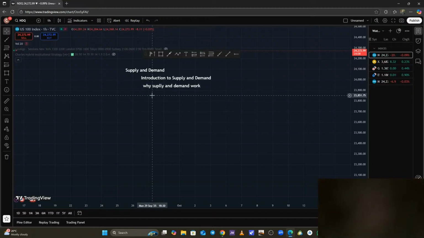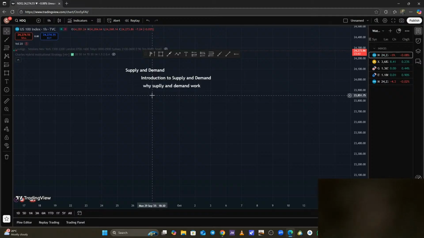So number one, the reason why supply and demand work is because, as we've seen, supply and demand influence market prices. When supply is higher than demand, the prices will obviously go down because not a lot of people are in demand of that product.